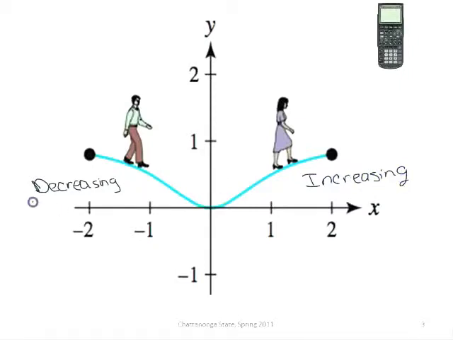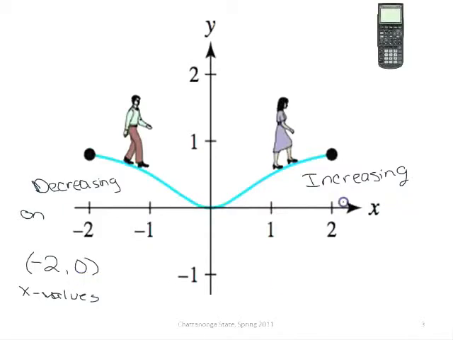So we would say this graph is decreasing on the interval from -2 to 0. Our interval here refers to the x values. The x value where it starts decreasing and the x value where it stops decreasing.